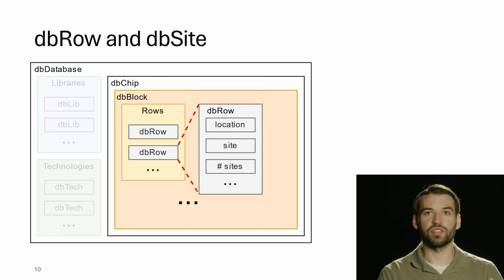All of the rows are stored in the block, and then each row stores the location, the size of a cell site, and the number of sites. The DB row doesn't store each site as an individual object, but in a compressed format, because it's rather easy to derive the cell site locations from this method without using all the extra memory.